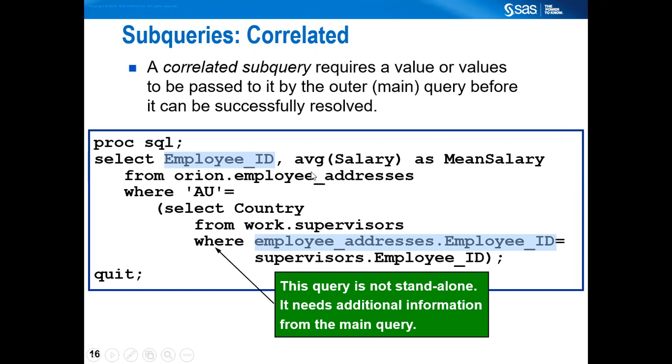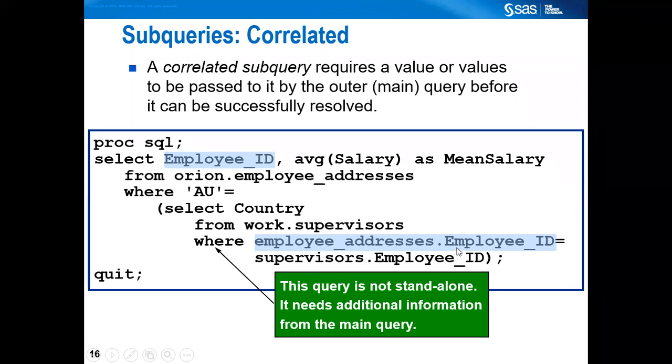Now, look at this query: employee ID, average salary, where country equals AU. Actually, we write this value to subset on country equal to AU. But what we are writing in your subquery is country, where the employee address employee ID is common with the supervisor's employee ID.